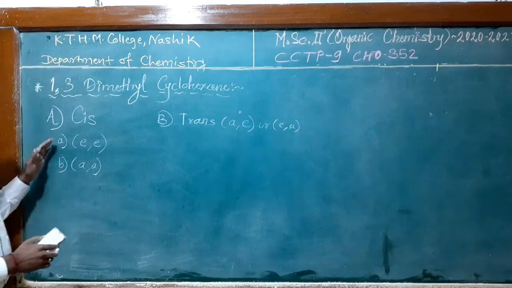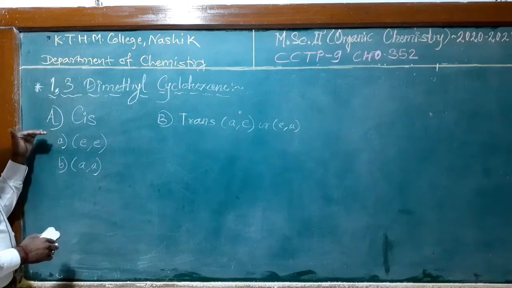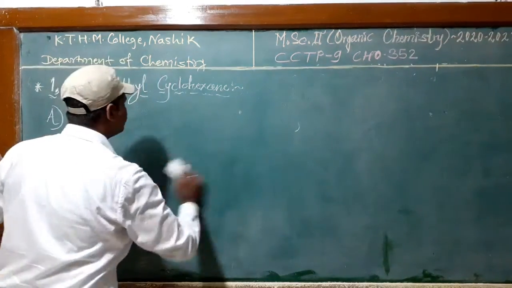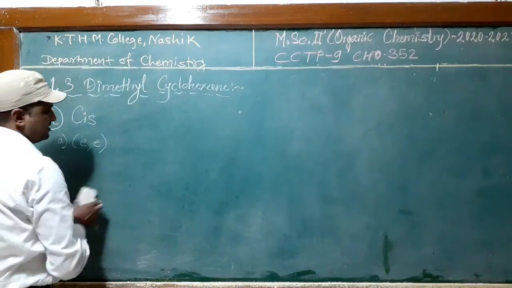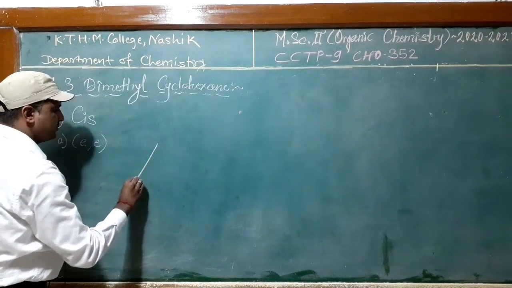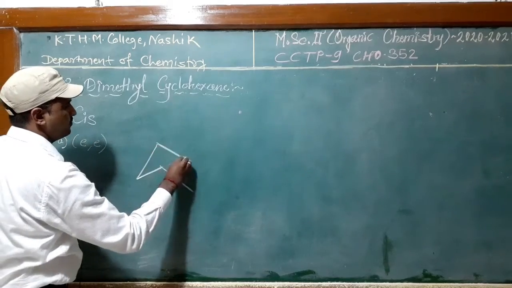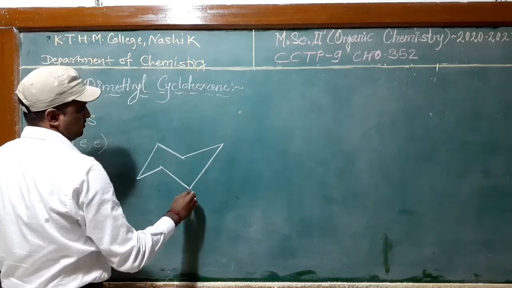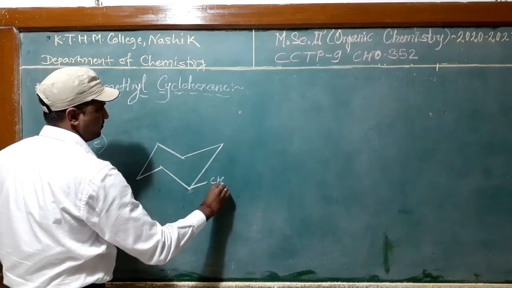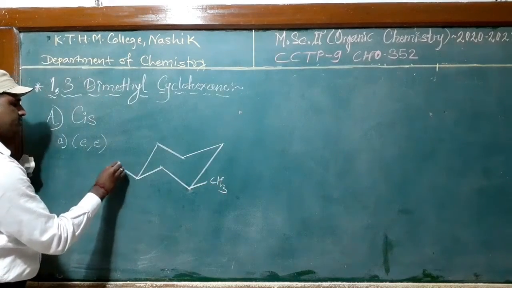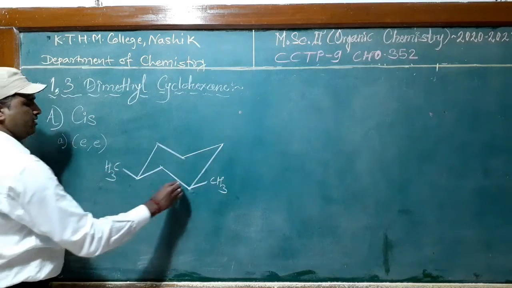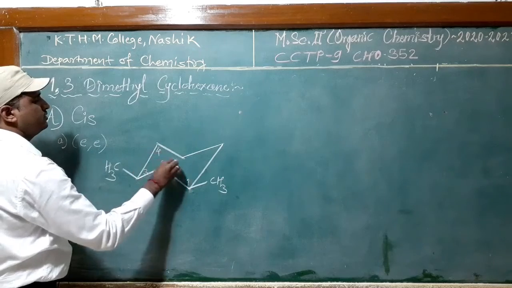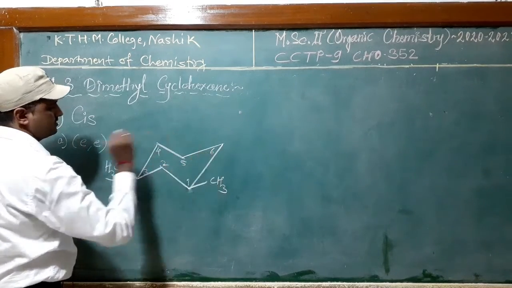So first of all, what is the equatorial cis conformation? Let us see the conformation. Equatorial conformation. Carbon number 1, 2, 3, 4, 5 and 6.